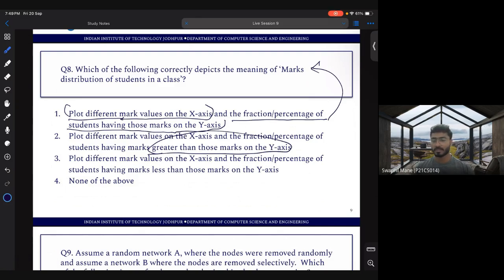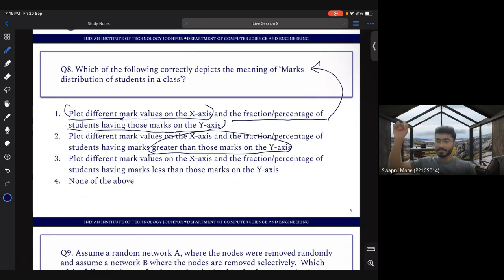Actually, we need to check the distribution of the students over the marks. Out of 100, how many students have got 50 marks? How many students have got 15, or 20 or 30 marks?